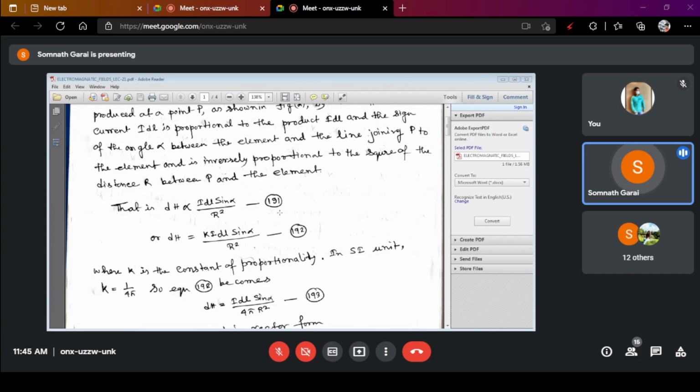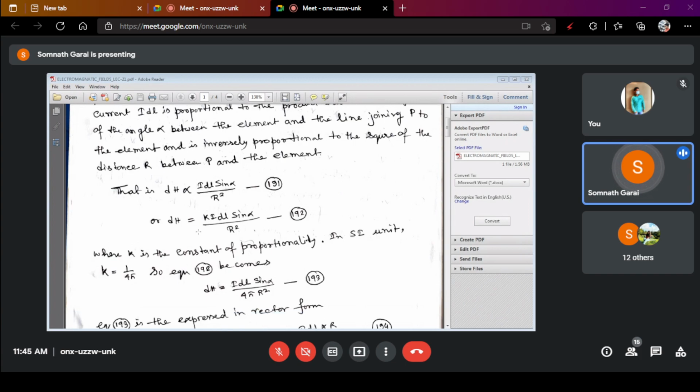Now, if we convert this proportionality to an equation, then one constant must be multiplied with it. So dH is denoted as K into I dl sine alpha by R square. This is equation number 192.